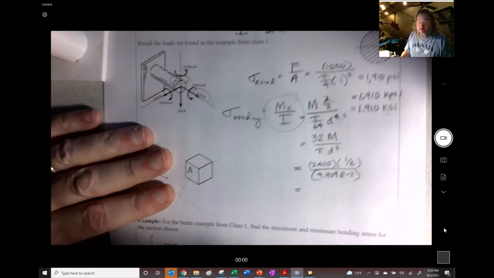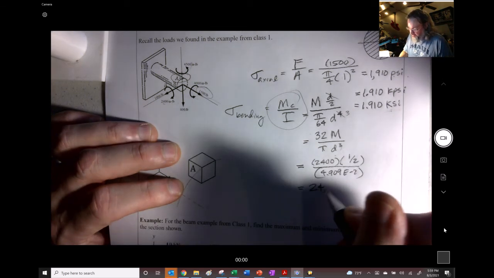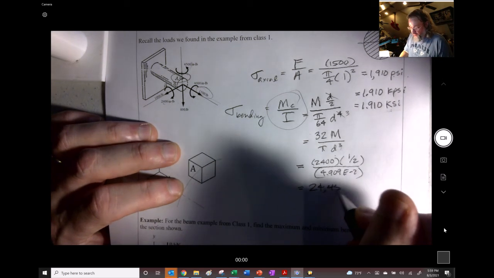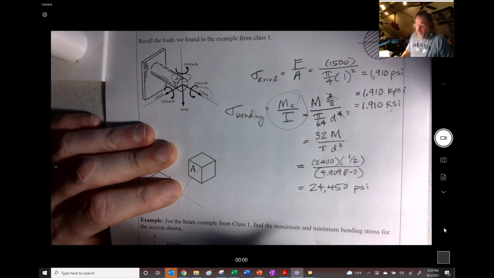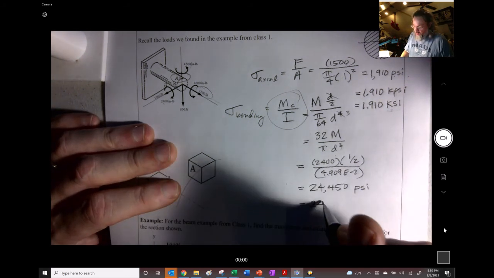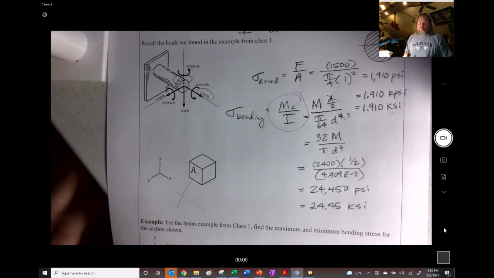And I end up with 24,450 psi, pounds per square inch. I would write that as 24.45 ksi, typically.